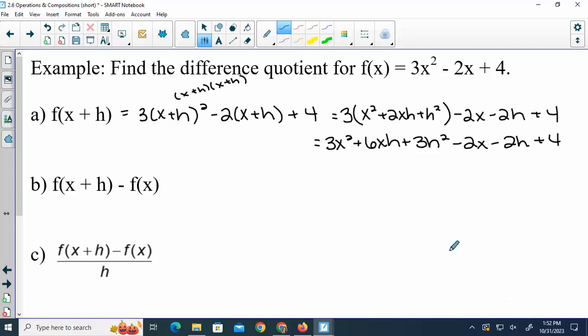Try to finish it from there. If you made a mistake, fix that, and see if you can do the other two parts. So part B, f of x plus h is the answer we just got done with, minus f of x, which is the original.